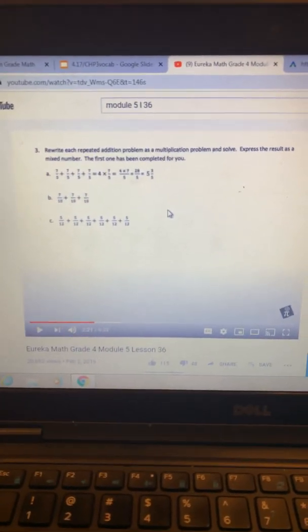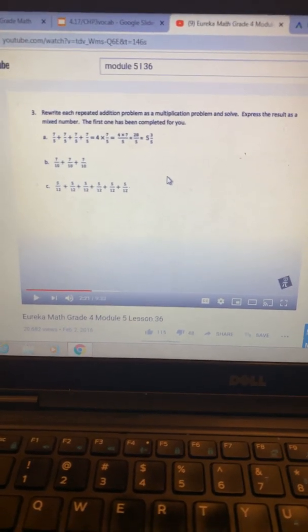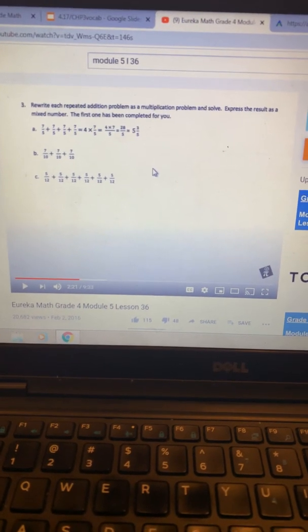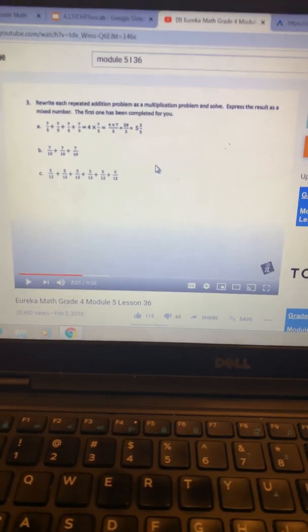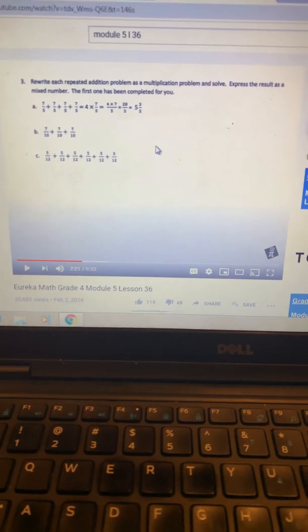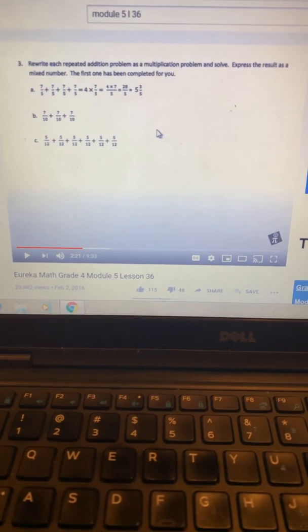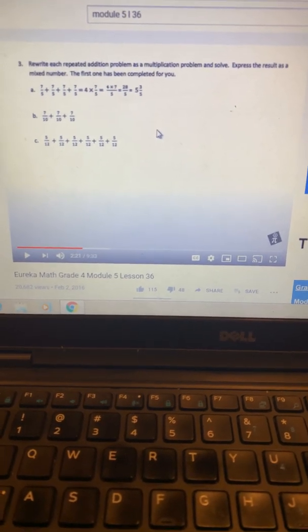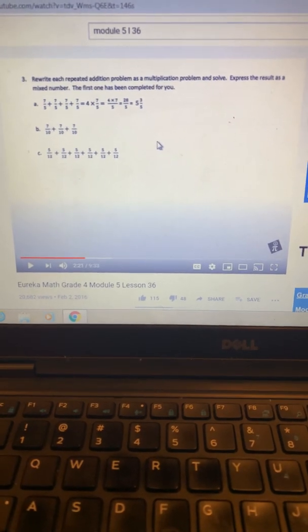And we see here, for example, number 3 says, rewrite each repeated addition problem as a multiplication problem and solve. So it's not just solve the problem. There's a step first. Rewrite it as repeated addition and as a multiplication and solve. And then it says, express the result as a mixed number.